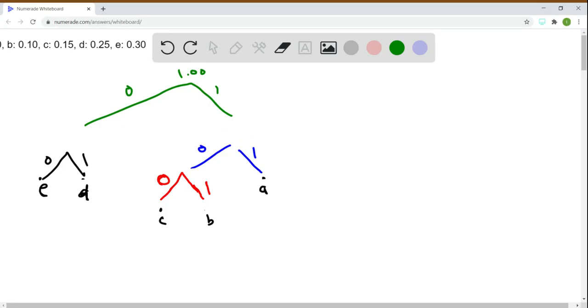All right, so actually, let me make this tree look a little bit nicer. So we go to the left, we go to the right, then we have 2 nodes here. We go to the left and right. So notice over here on the end, that should be E. Here we should have D. And then over on the right side, we'll need to go out a little bit further.